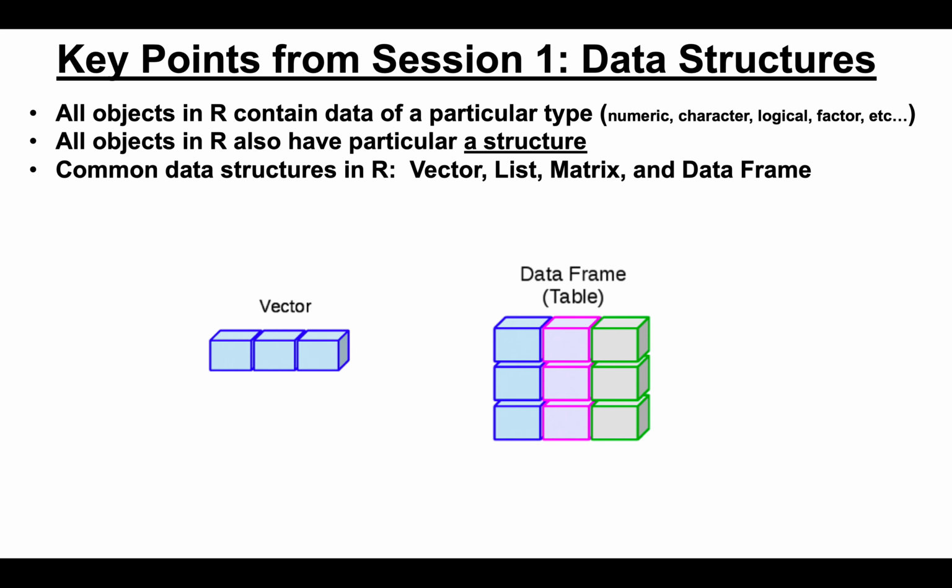They're one-dimensional and they contain a single data type. We looked at numeric vectors and character vectors, and they contain one data type, which is indicated by the color here being all blue. Every element of this vector has the same data type. And today we're going to get more into data frames, and how those are different from vectors.